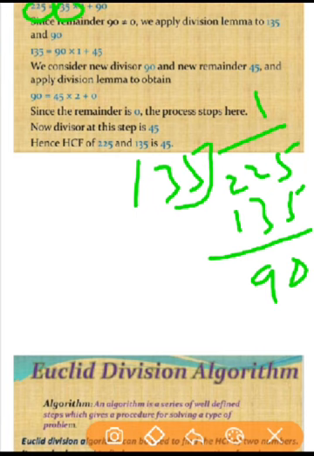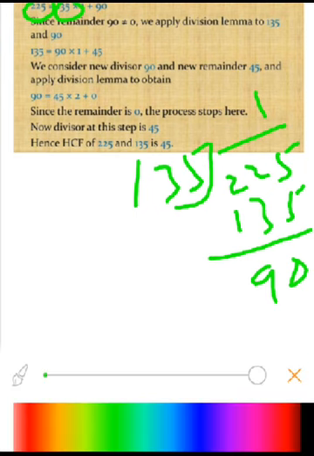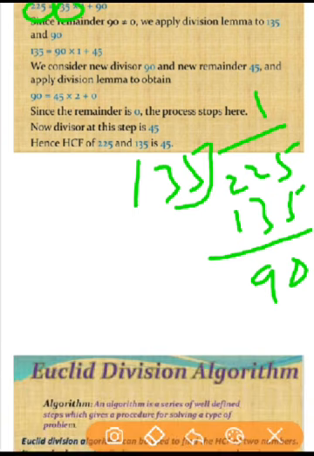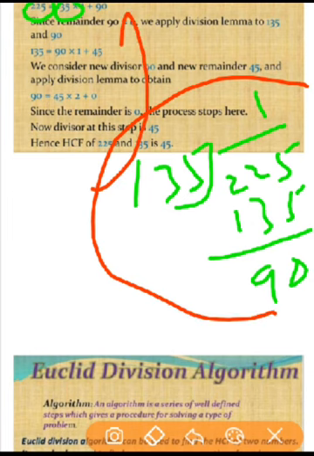This same pattern we have written in this form: the dividend, that is 225, the divisor 135, and then the quotient, and then the remainder.